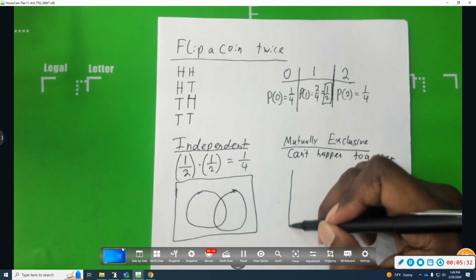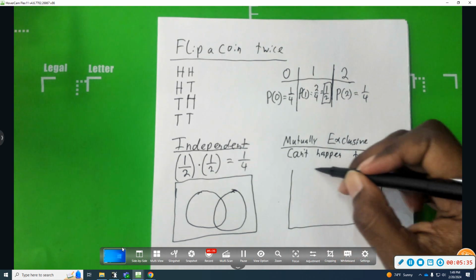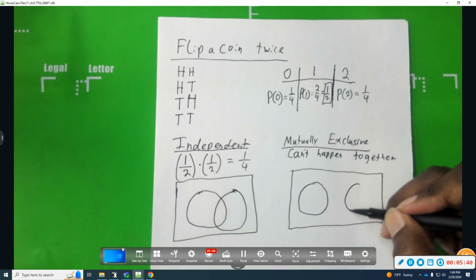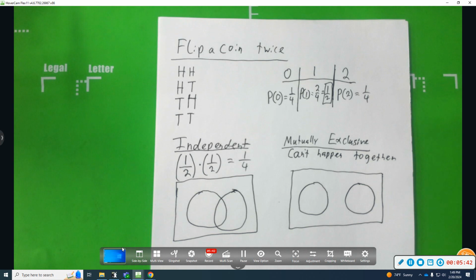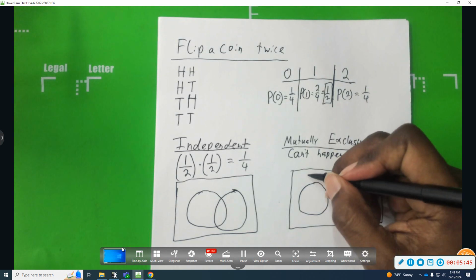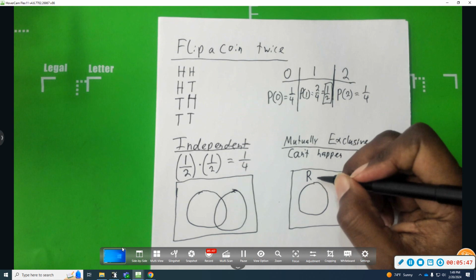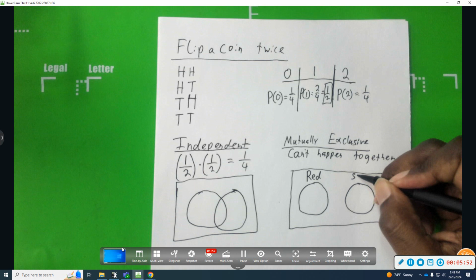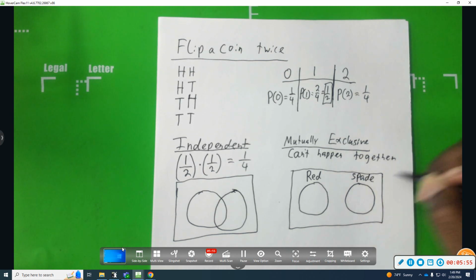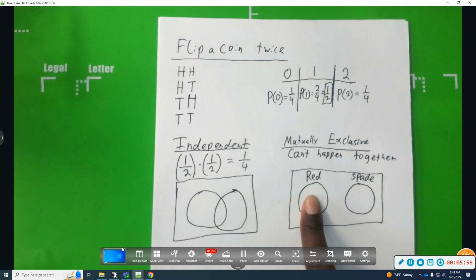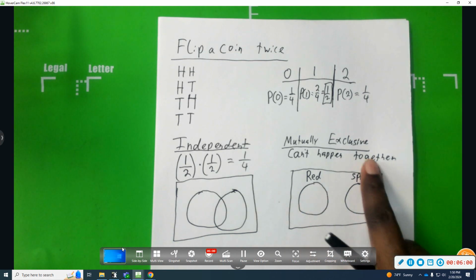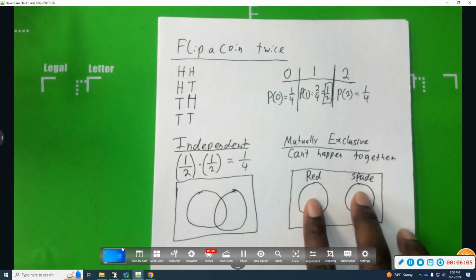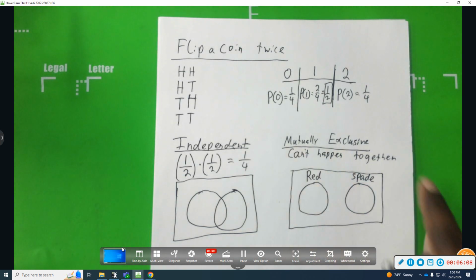So if I looked at a Venn diagram of mutually exclusive, that would mean this circle here does not overlap with this circle here. So we can talk about like a deck of cards, and let's say this is a red card, and let's say that this is a spade. So the chance of me drawing a red card that is also a spade is impossible, because spades are black and the red cards will be hearts and diamonds. So if you have two events that cannot happen at the same time, they would be mutually exclusive.